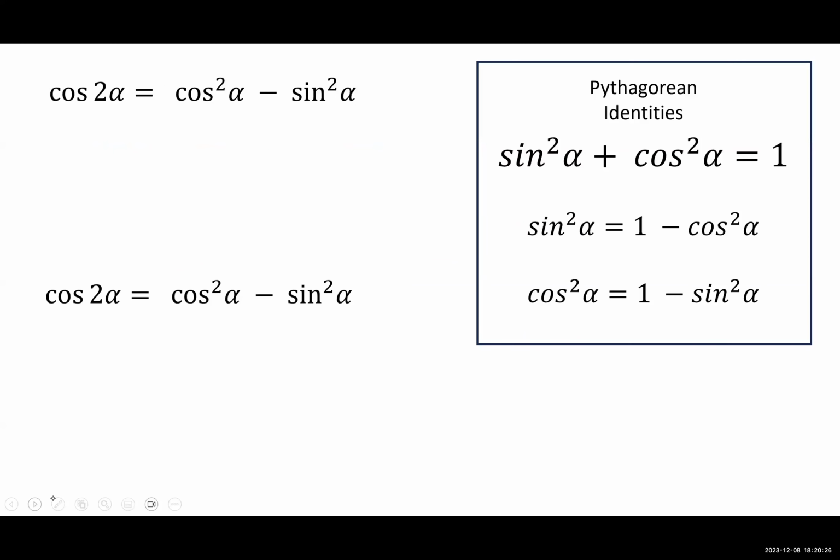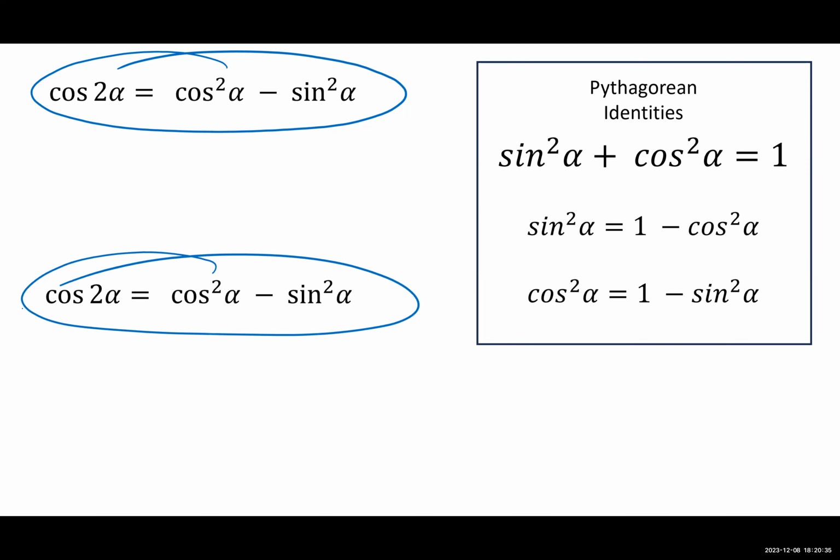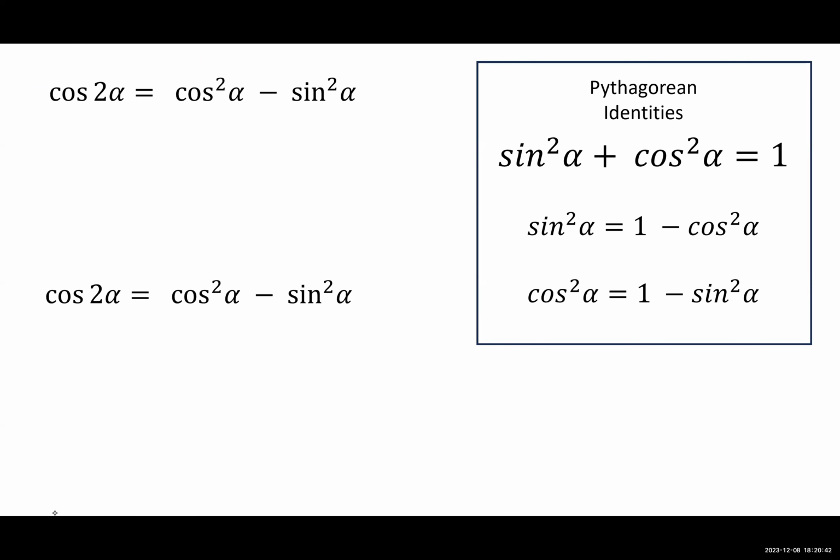On the next slide, I've got it written twice. This is just from the previous slide: cosine of 2 alpha equals cosine squared minus sine squared. And the reason I have it written twice is because if we take our original Pythagorean identity, remember there's 9 of these, 3 of them for sine and cosine. Sine squared plus cosine squared equals 1. And then if we subtract cosine squared from both sides, we get this one.